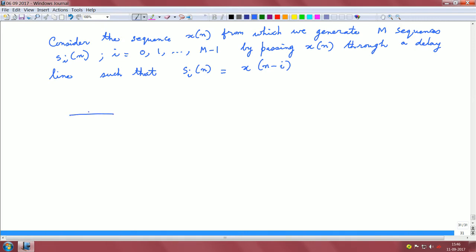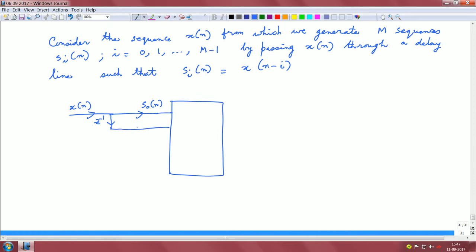So what we do is as follows: we have x of n, no delay is S naught of n, and we have 1 unit delay here. This is S1 of n, so on, Sm minus 1 of n, and we do slightly something different here.